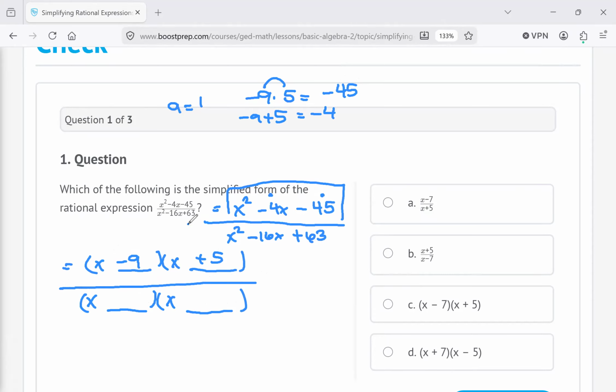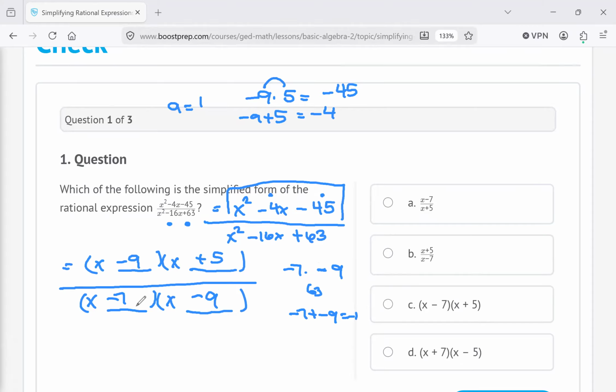Can you come up with two numbers that multiply to 63 and when added give you -16? Yes, it would be -7 and -9. What's -7 times -9? +63. What's -7 plus -9? -16.